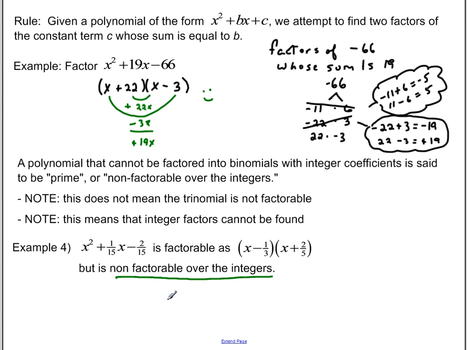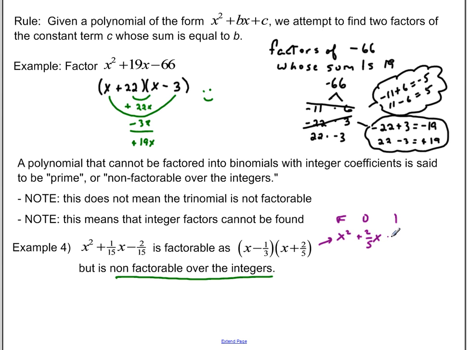Okay. Oh, wait, what's that question? How do I know those are the factors? Well, let's do a quick check. How do I know this would work out? Well, all right, let's try a FOIL here if we can. By our FOIL method, first we would multiply x times x and we'd get x squared, so we're good there. Our outer terms, well, x times positive 2/5, so that's plus 2/5 x. How about our inner terms?